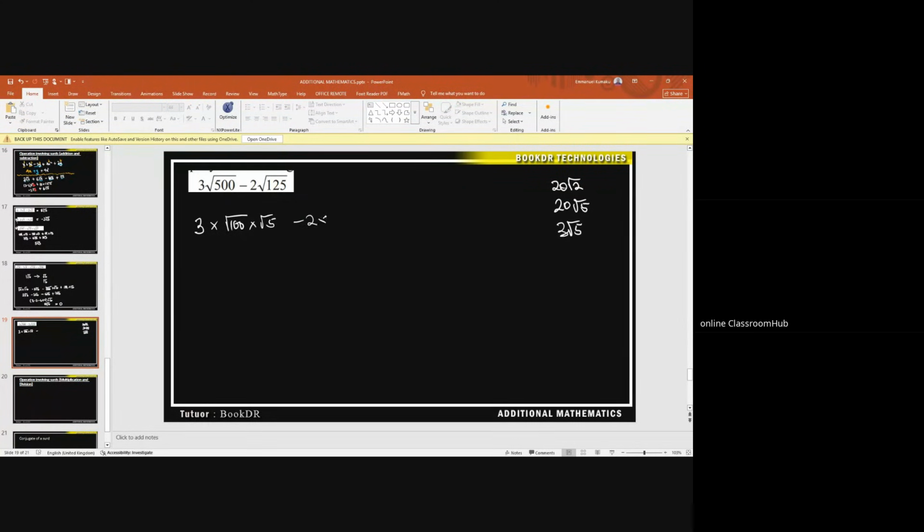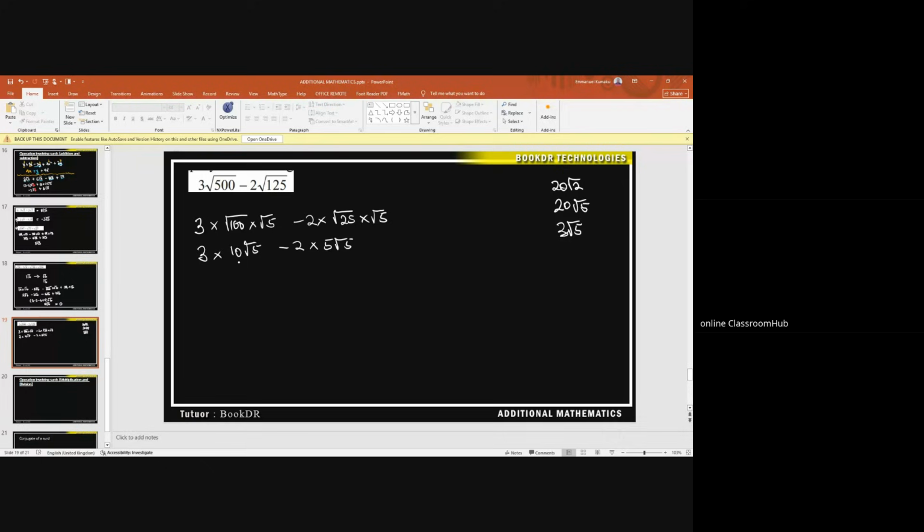Then minus 2 also multiplying root 125. The square root of 125 can be written as the square root of 25 times the square root of 5. The square root of 25 is a perfect square. So the square root of 100 is 10, root 5. Then the square root of 25 is 5.